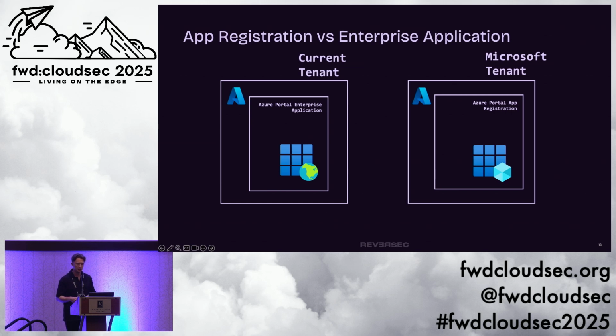It will contain a bunch of different metadata like redirect URIs, the secrets, single sign-on metadata, app roles, and any published APIs or resource scopes. The enterprise application is essentially just an instance of the app registration. Since an app registration can't really do anything on its own, the enterprise application is an identity within the tenant that can be given rights within that directory.